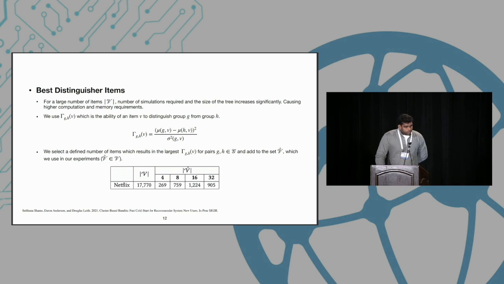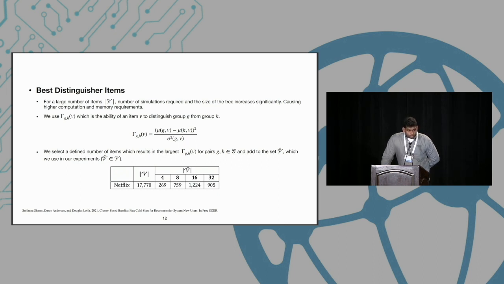When we take a recommender dataset, like the Netflix dataset, it has over 17,000 items. If we use this in a Monte Carlo Tree Search, we will be limited by memory, and even if we are not, we will still be limited by the computation to find a proper solution.